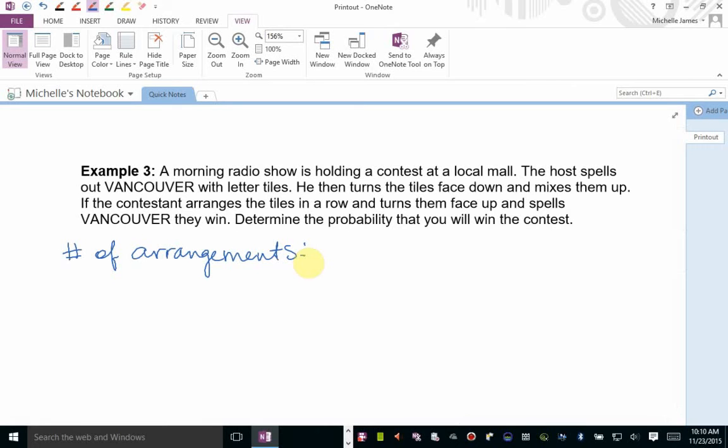Thanks. 9 factorial, because there's 9 tiles, divided by 2 factorial, which is the same as 2. Why? Because there are 2 V's, and we have repeats, so it doesn't matter which V it would be. So 9 factorial over 2 factorial is 181,440.